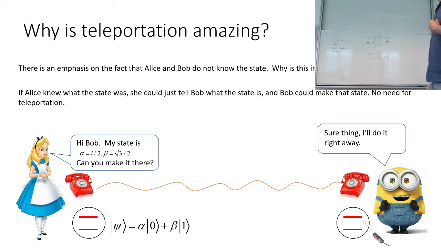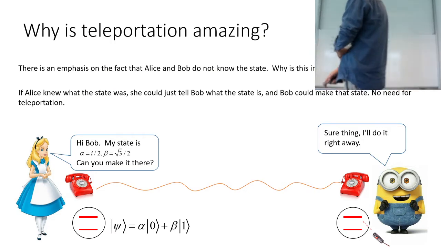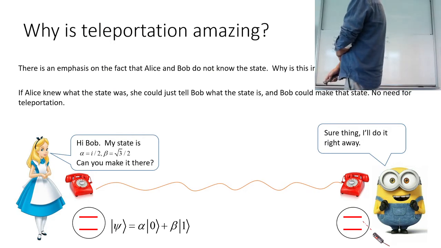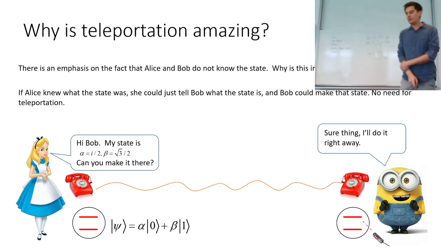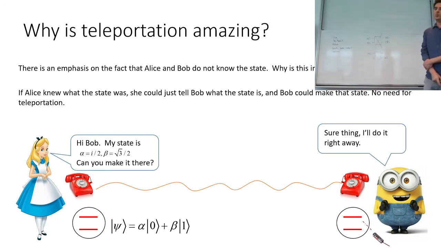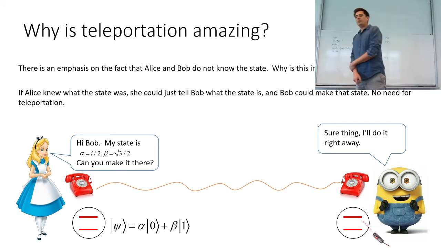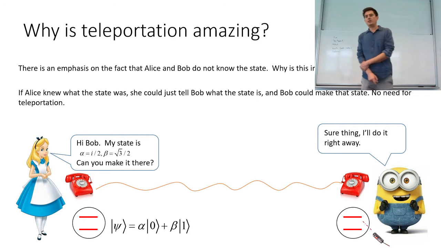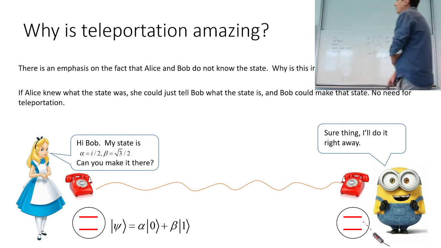Okay, so I said right at the beginning that Alice and Bob don't need to know what the state is. Why did I emphasize that? Why is that such an important point?